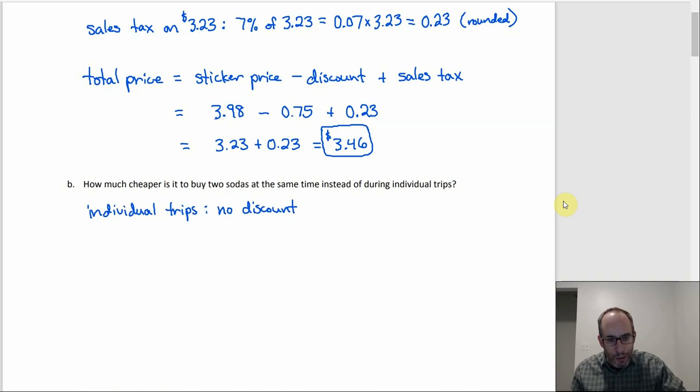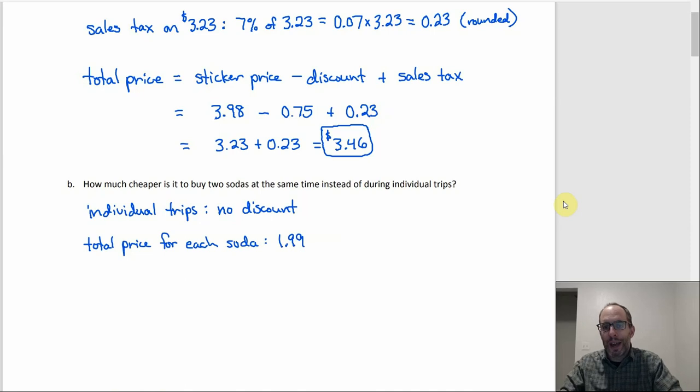So the total price for each soda, you would have the $1.99, right? The sticker price. And actually, I'll put it in words first. It's just the sticker price plus the sales tax.